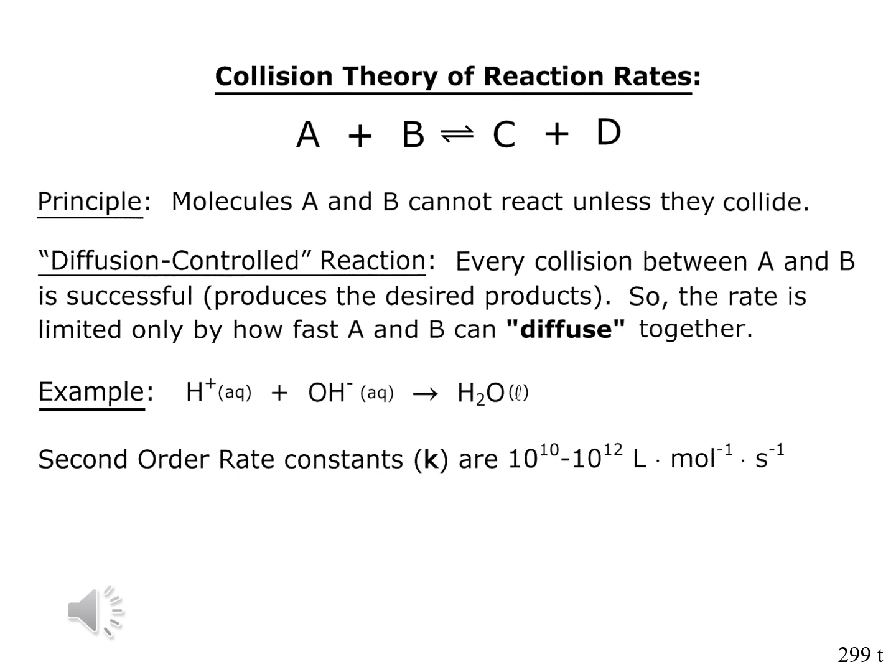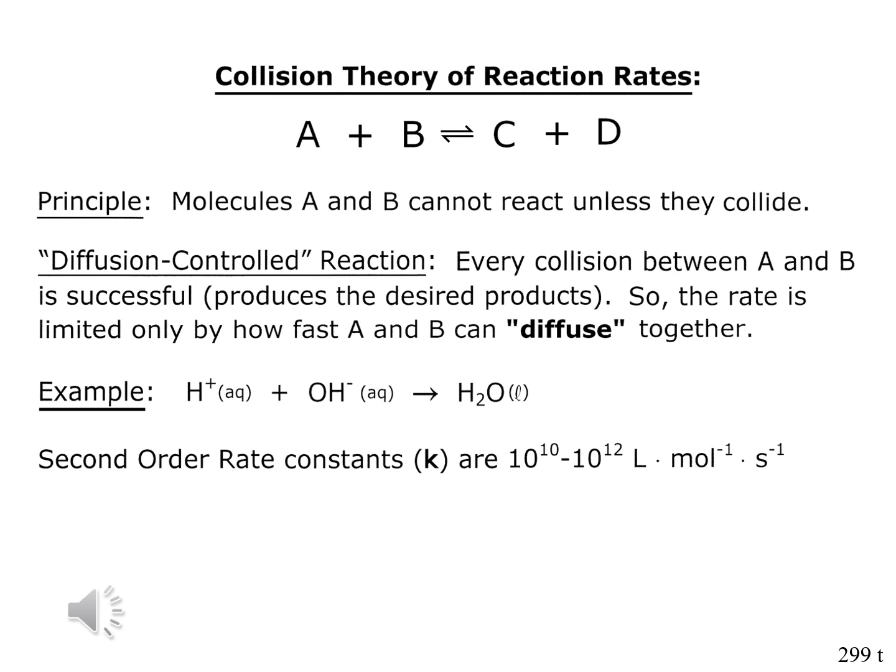you should be able to have a reaction that's the fastest possible. And that is called a diffusion-controlled reaction because every collision between A and B gives you the products. There's no way for A and B to bounce apart without giving you the products you want. So the rate is only controlled by how fast A and B can diffuse together or get to each other.